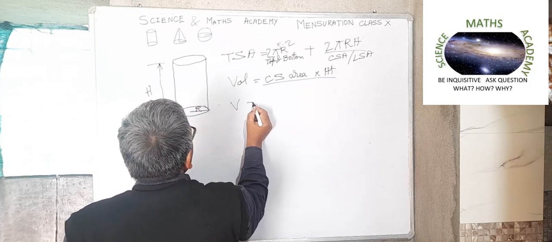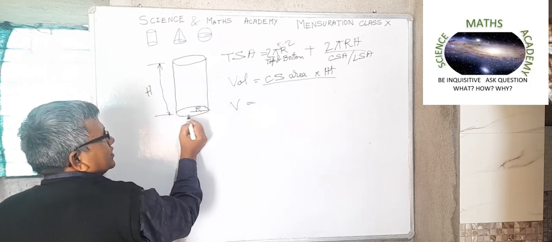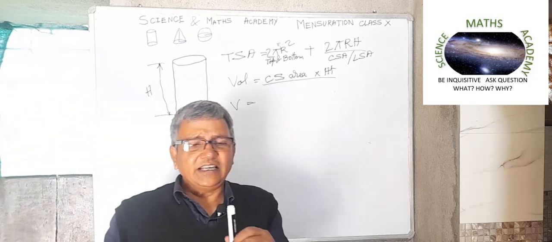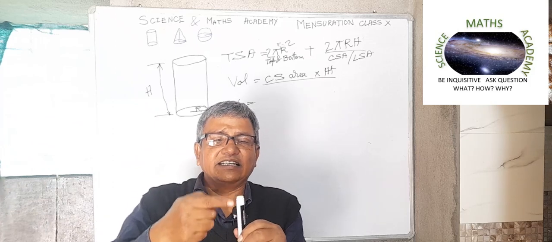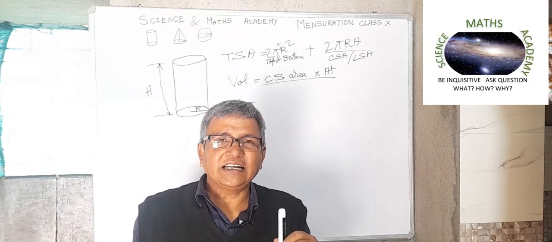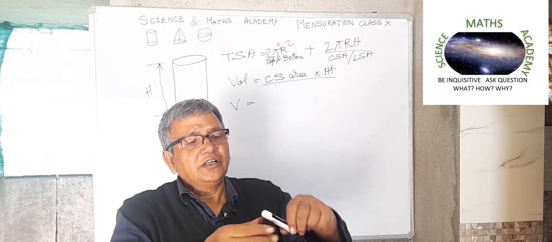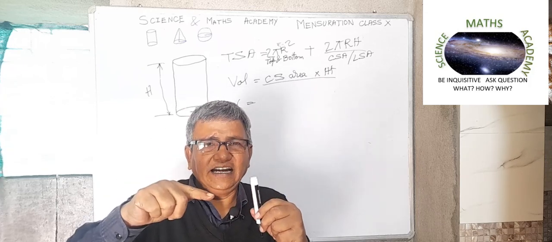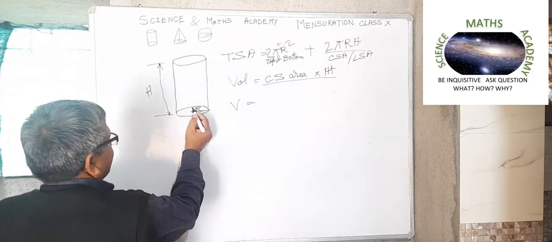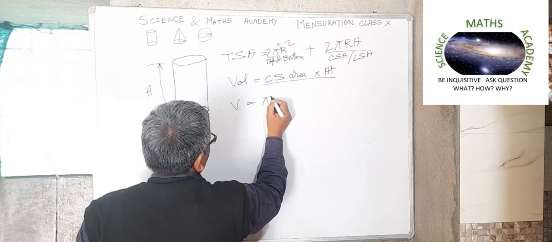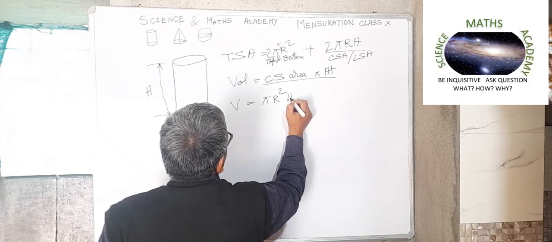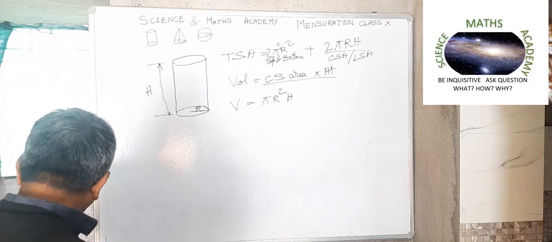Now I can write V equals cross sectional area, which will be pi r square because it is circular. What is cross sectional area? Any body, if you take an axis here and cut perpendicularly, you did this in biology. If I cut at 90 degrees to the axis, I will get a circle. So this circle area will be pi r square, height is h. This is the volume. Bas, finish.